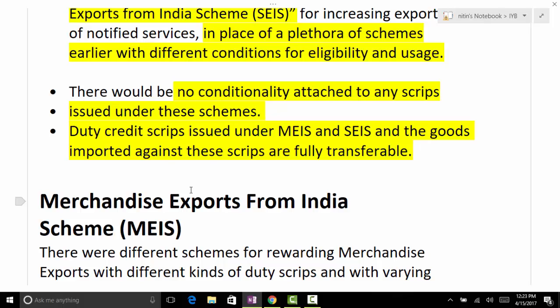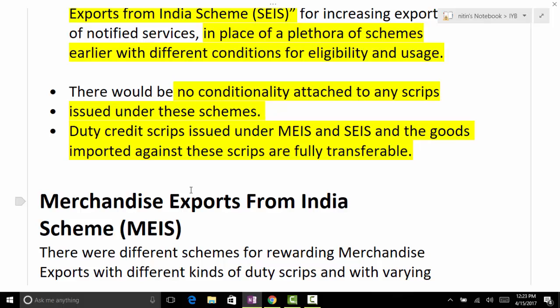Now, instead of giving them direct cash benefits, listen to what it means to say these scrips are fully transferable. Scrips are basically those benefits, and these benefits could be redeemed in paying certain duties, for example, excise duty, certain value addition taxes, VATs and all. So these will be transferable across paying of those duties.